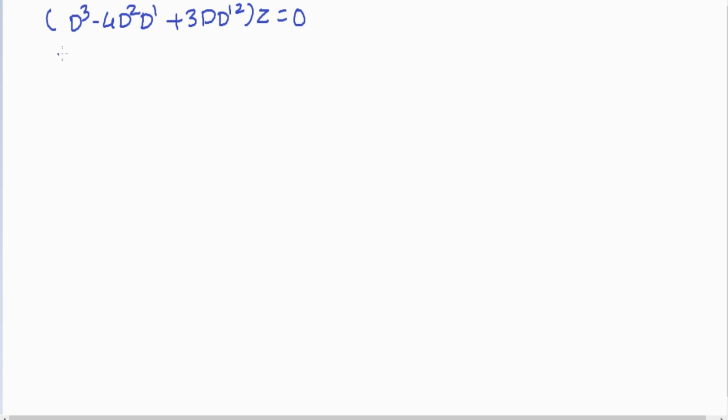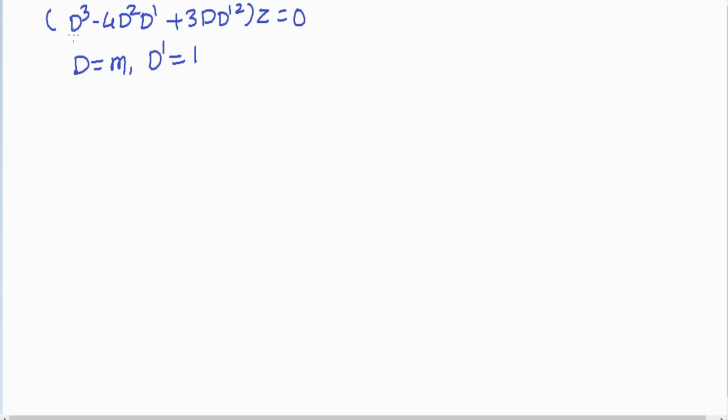To get an auxiliary equation, let us put D equal to m and D dash equal to 1 in this equation.